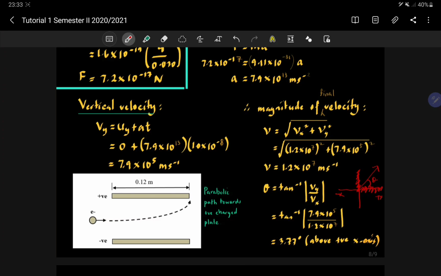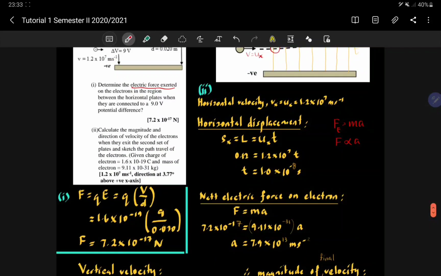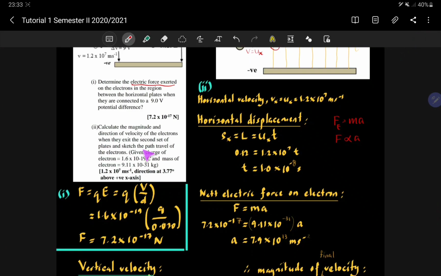And then they ask you to sketch the path traveled by the electron.